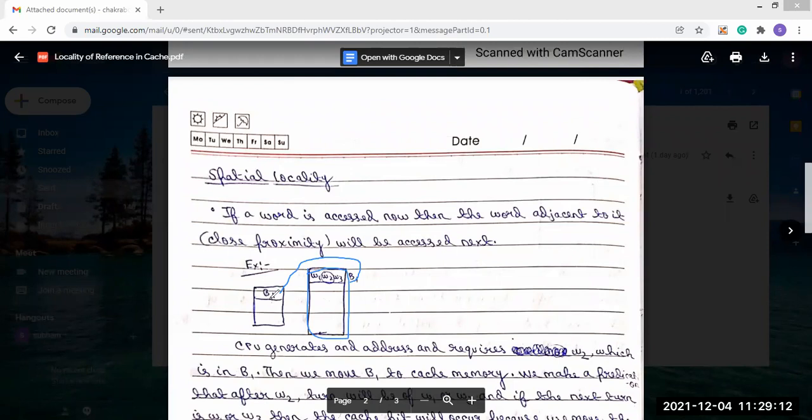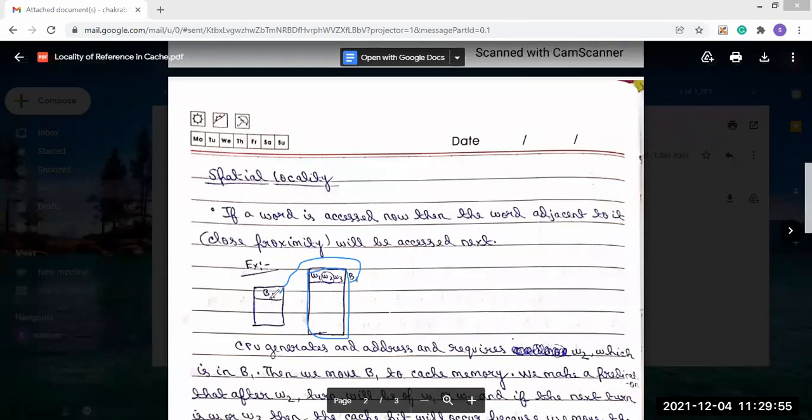But when we transfer block 1, word number 1, word number 2 and word number 3 all go there, though only word number 2 is required by the CPU. So we make a prediction that after W2, the turn will be on W1 or W3. That means after accessing word number 2, there is a chance, or we are making the prediction, that the adjacent words of word number 2 will be accessed.